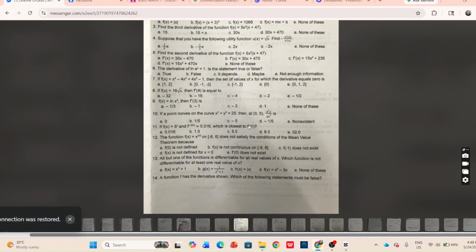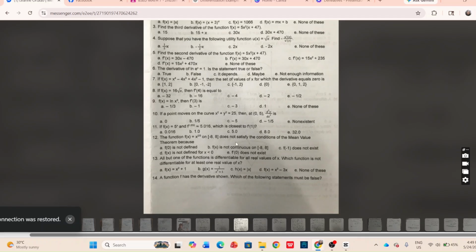We are going to use the derivative definition, which is f prime of 1 is approximately 5.016 minus 5 all over 0.002. So the answer for that will be 0.016 all over 0.002, which is equal to 8. So the closest to f prime of 1 is 8, which is letter D.